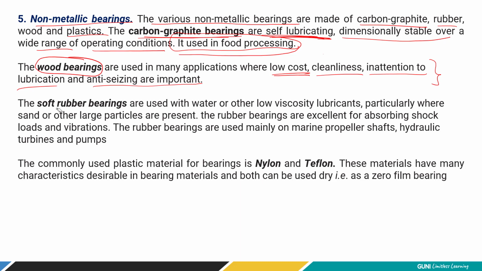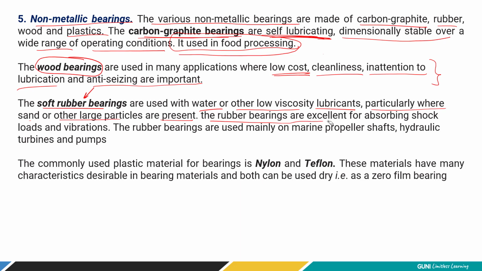Now the third non-metallic material is soft rubber. Soft rubber bearings are used with water and other low viscosity lubricants, particularly where sand and other large particles are present, right? If sand particles are present, they are likely to dig or stick into the material. If there is a requirement like this, then you have to use the soft bearing material.